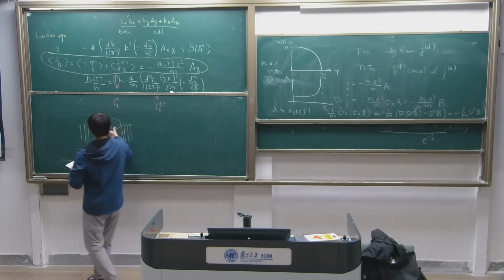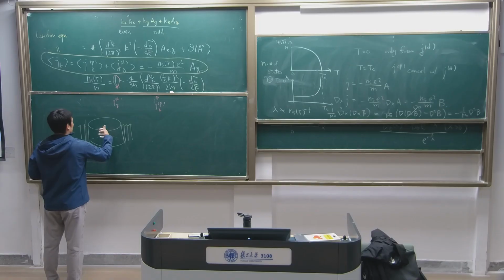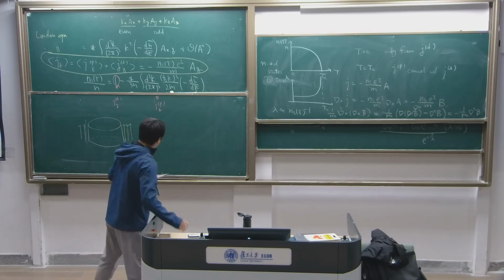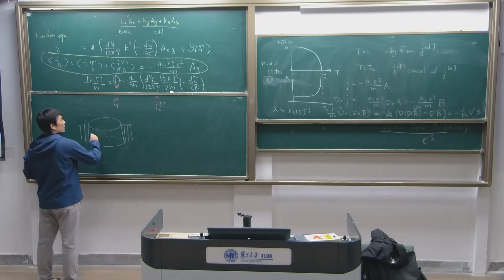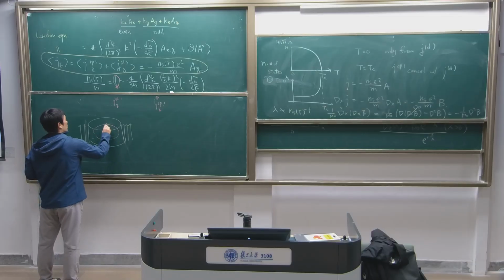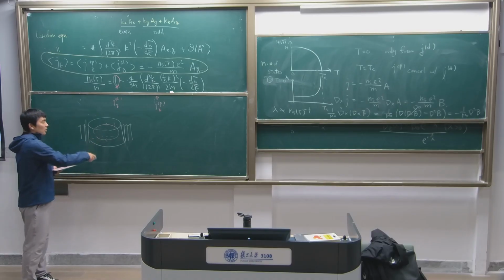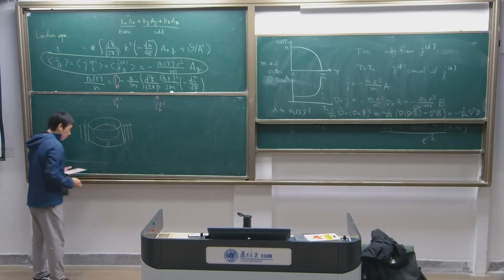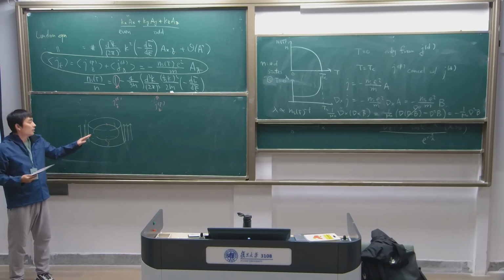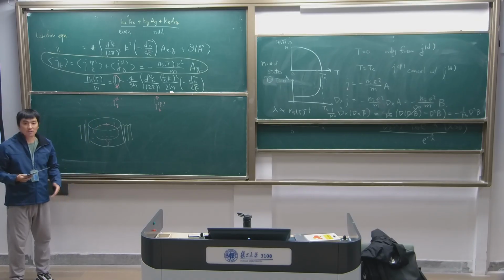So the current is proportional to minus A. So inside the superconductor, this Cooper pair creates J like this, that cancels the magnetic field from the external magnetic field, so that this is J inside the superconducting material, so that you can screen the magnetic field.